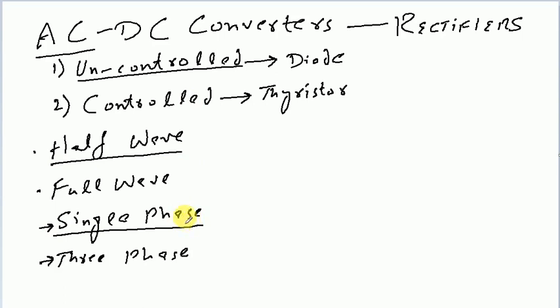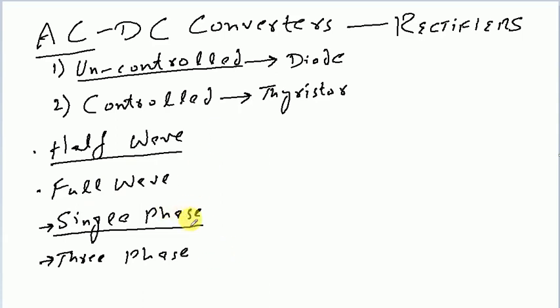Since this was the most basic, it was good to begin from this one. Once we master the concept related to it, the same could equally be applied to other types of rectifiers, for example a controlled single phase half wave rectifier, or a single phase full wave diode based rectifier or thyristor based rectifier, and so on, ultimately to three phase.